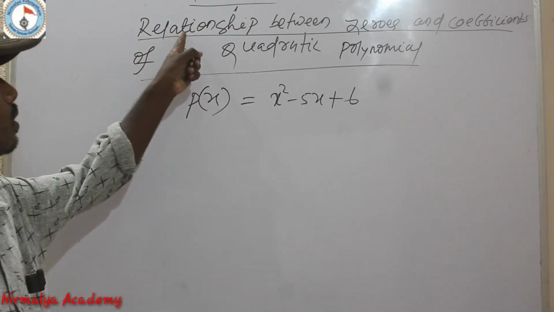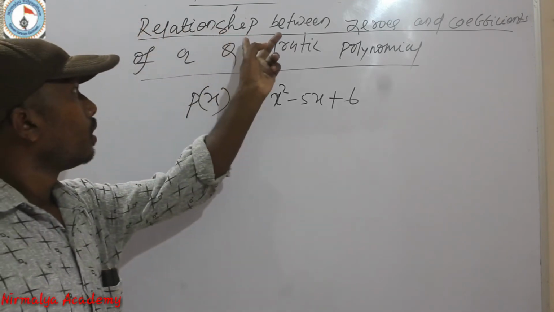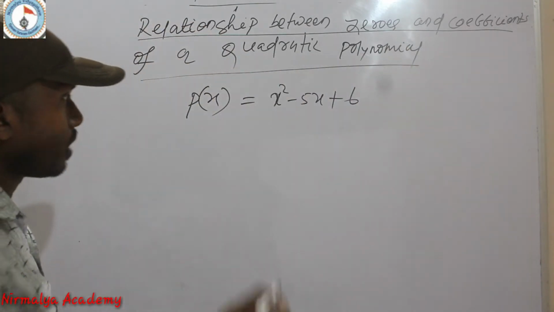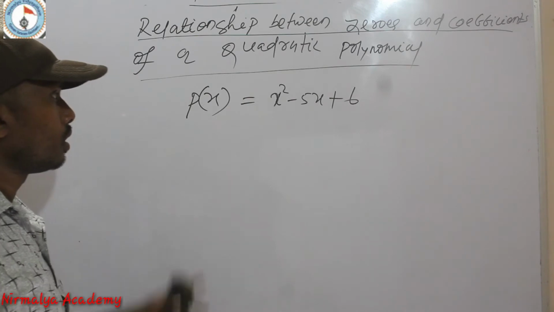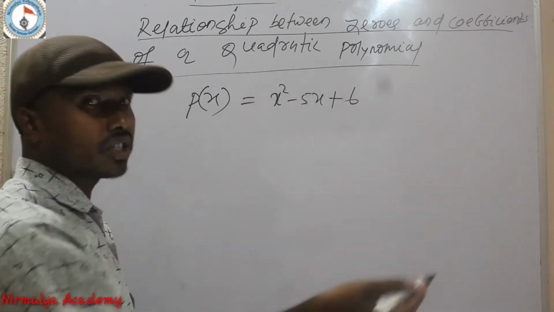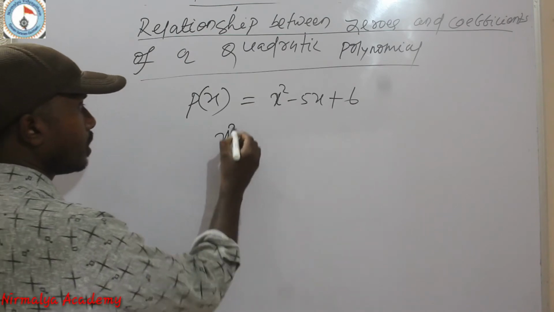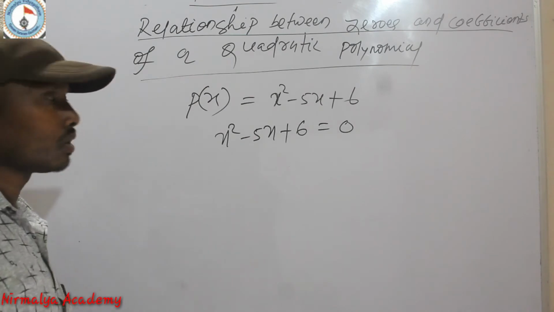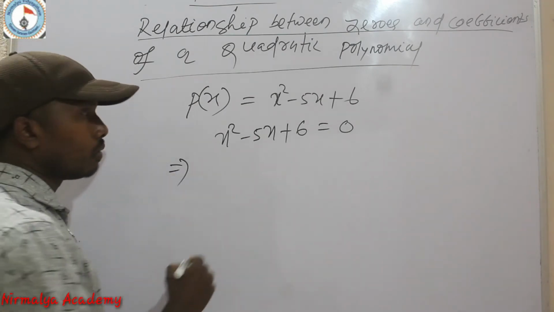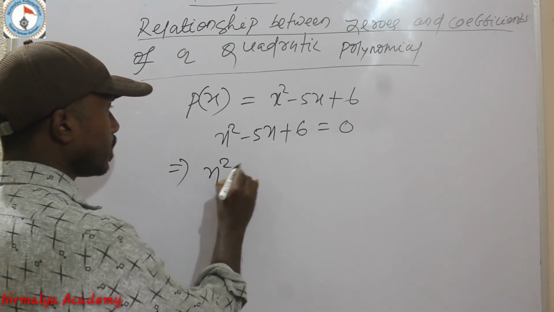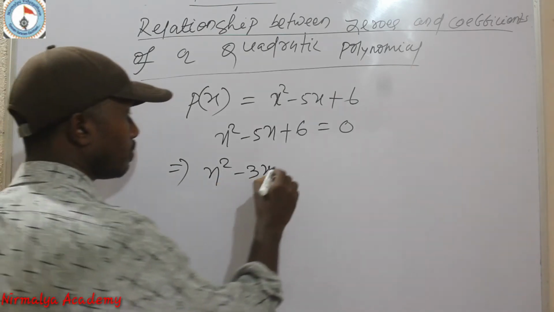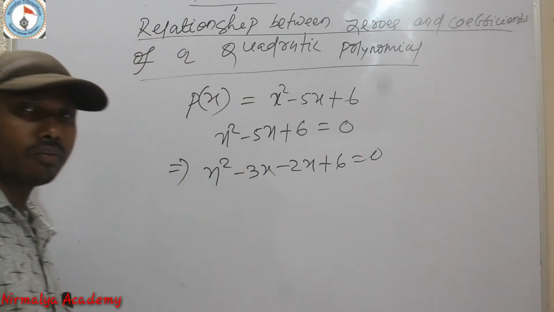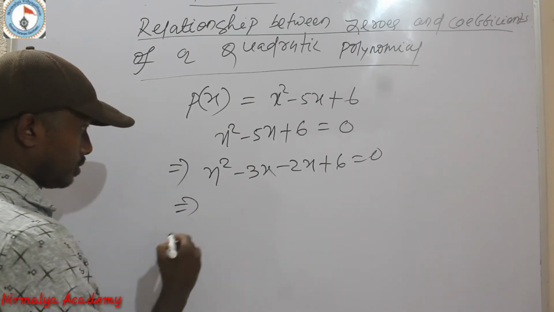Now we want to know the relationship between zeros and coefficients. First we have to find the zeros of the polynomial. Zeros means the values that make the polynomial zero. So let x square minus 5x plus 6 equal 0. By splitting the middle term, we get x square minus 3x minus 2x plus 6 equals 0.